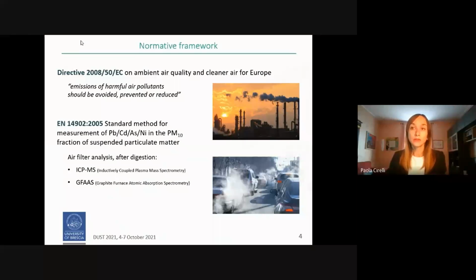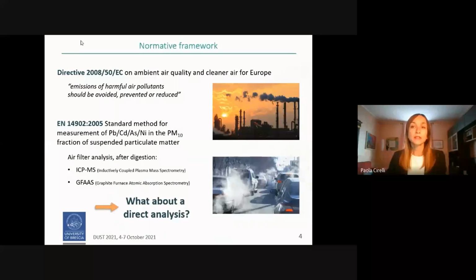These techniques, however, are time-consuming and require filter digestion with toxic acids, with the consequent production of dangerous waste. The question is: is it possible to analyze directly the filter and obtain a quantitative elemental composition without destroying it? The answer is yes, it is possible.